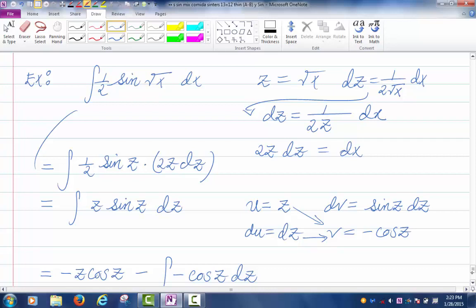So this is 1 over 2z dx. So all I get is root x is replaced with z because z is root x. Once I have that, I multiply both sides by 2z. Then I get 2z dz is dx.